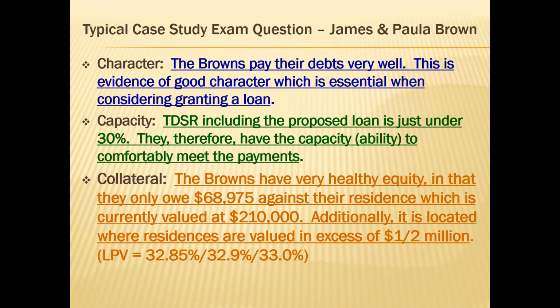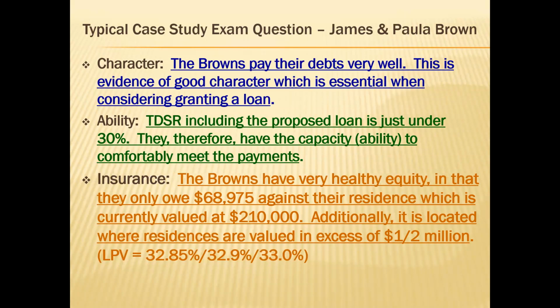Okay, so very good. And then of course, if you chose to use the credit C's, character, capacity, collateral, you'd use the same answers if you chose compari. You know, it has to be character, ability, and insurance.